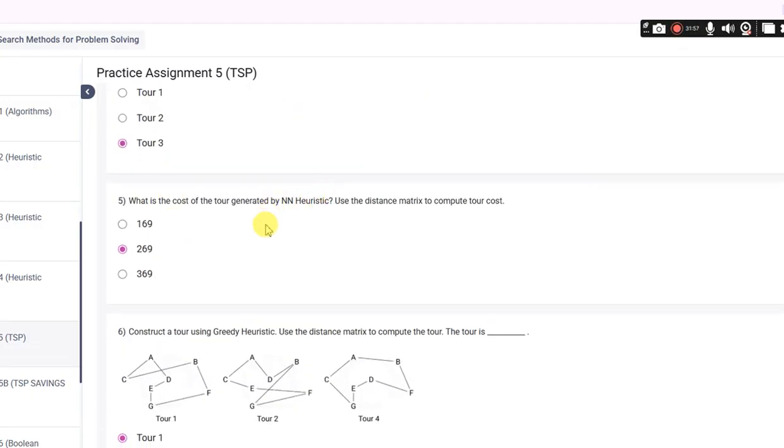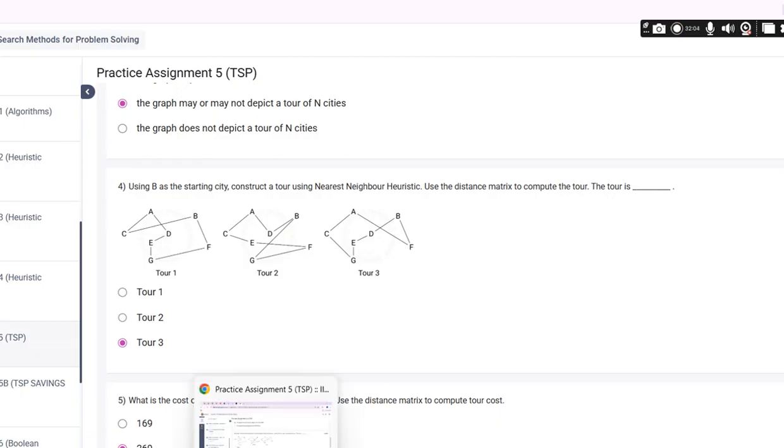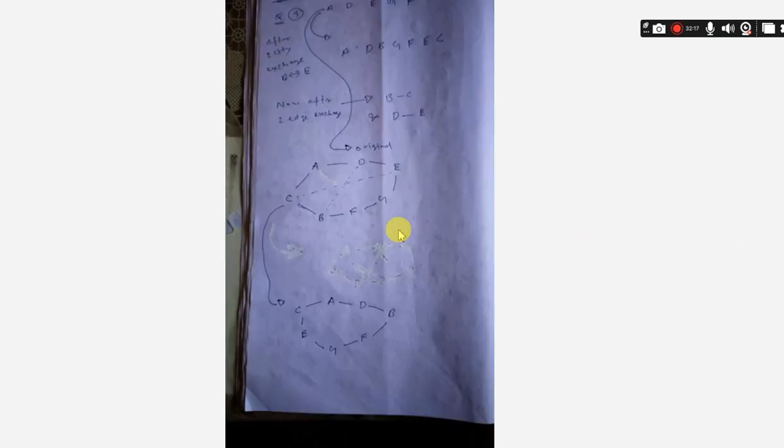Next, what is the cost of the tour generated by the nearest neighbor heuristic? We can calculate the cost with a simple calculation. B to D, the lowest is 36, we can go there. And what is the cost?